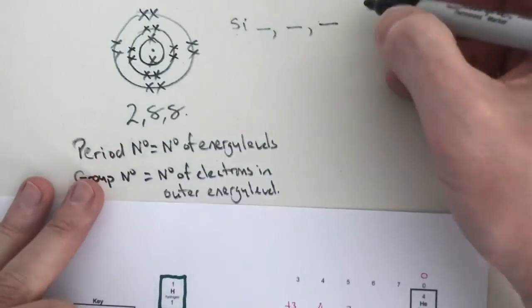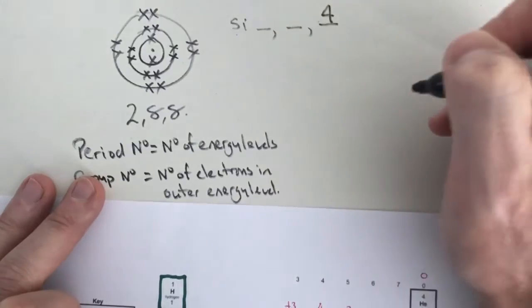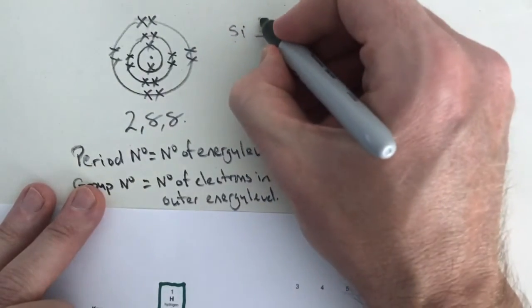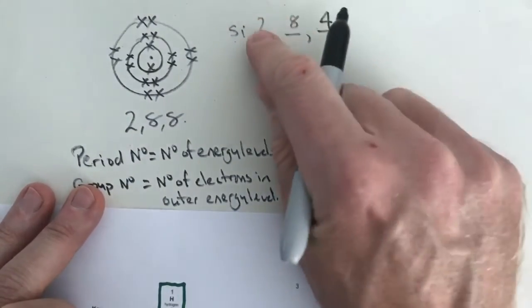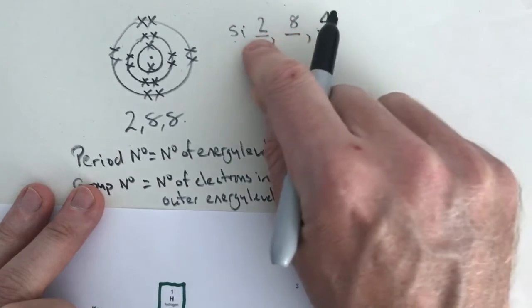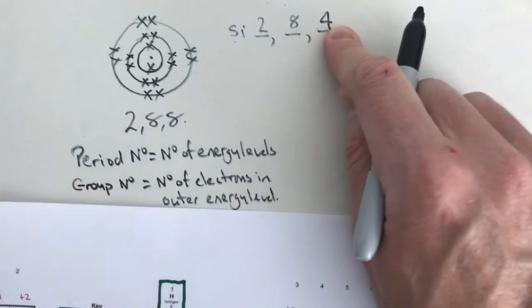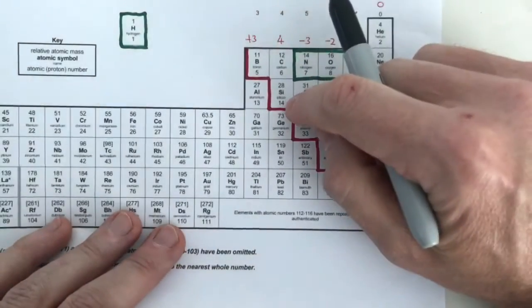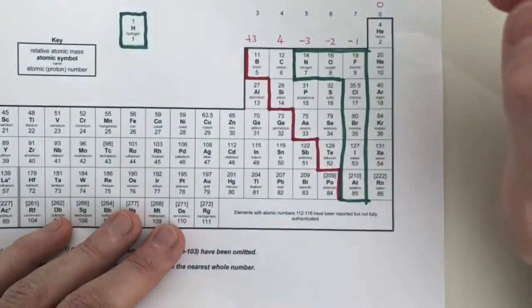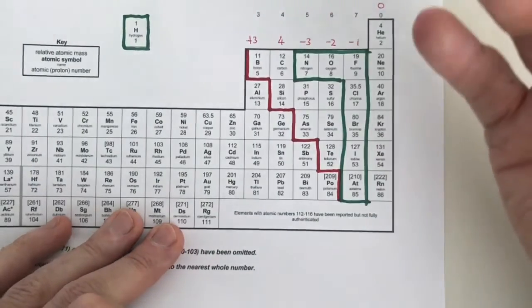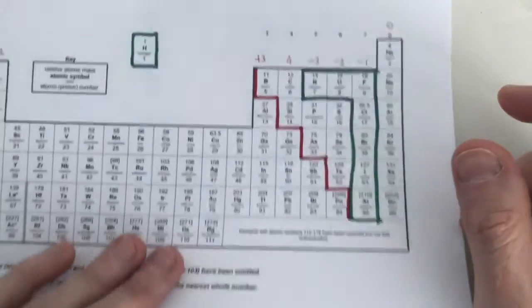So the last energy level must have 4 electrons. These first ones are full, so it's going to be 2 and 8. So the full electron configuration is 2,8,4, which adds up to 14 electrons. And if I look here, I can see that that is correct, that silicon has the atomic number 14, so it has 14 electrons.